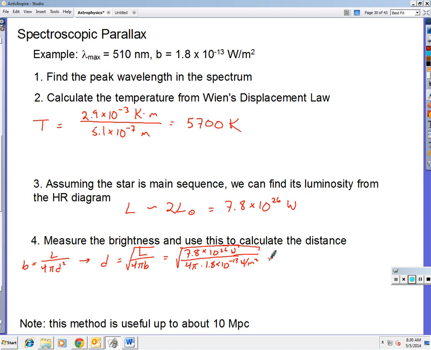Plug the numbers into the calculator, and we find that this star is 1.86 times 10 to the 19 meters away, which is equal to about 1960 light years.